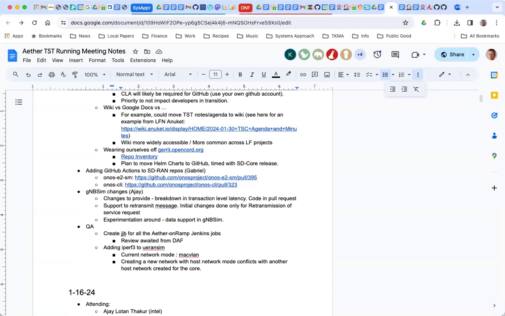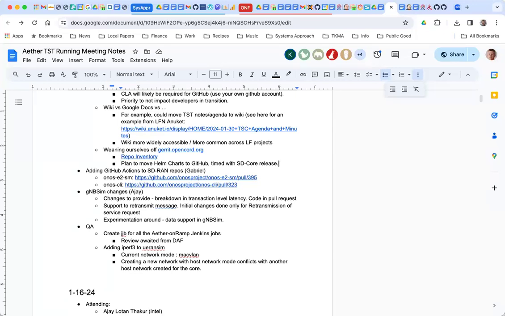The second one is about the retransmission of messages. When we were trying multi-instance AMF and SMF, and when we restart the instances, we thought it's good to have retransmission support in the gNodeB sim so that we can see whether the subscriber eventually goes through when the new instance comes back.